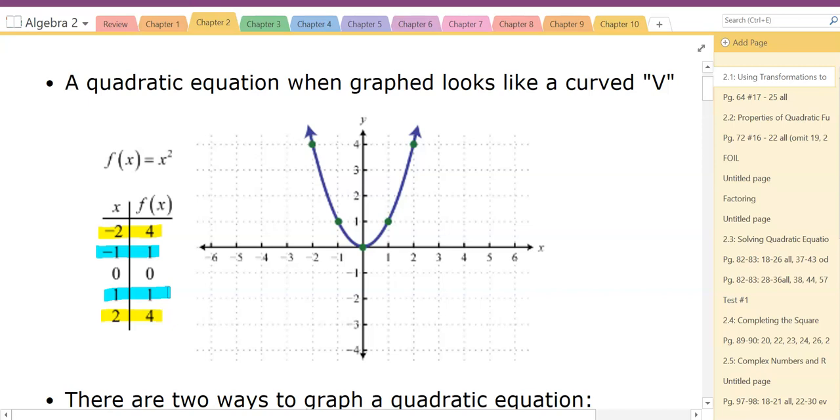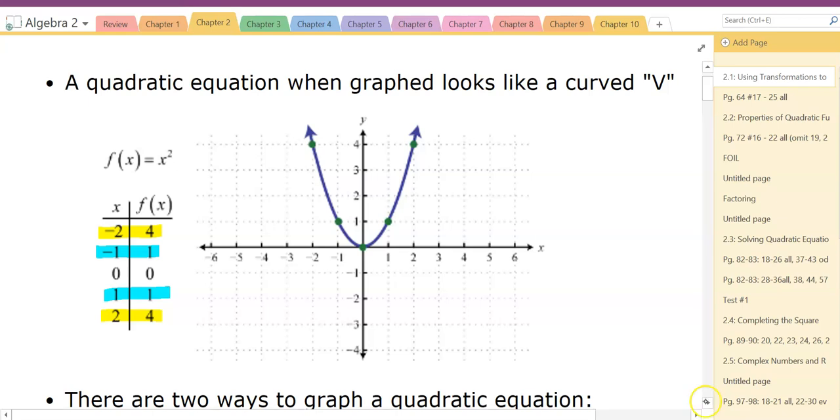If you look at the center of the graph, the y-axis, your 2 points are mirror images, like they reflect. So -1, 1 reflects over to 1, 1, and -2, 4 does the same thing with 2, 4. Quadratic equations should always do that. They should have that reflection happening. They should be symmetric on both sides of that middle point.